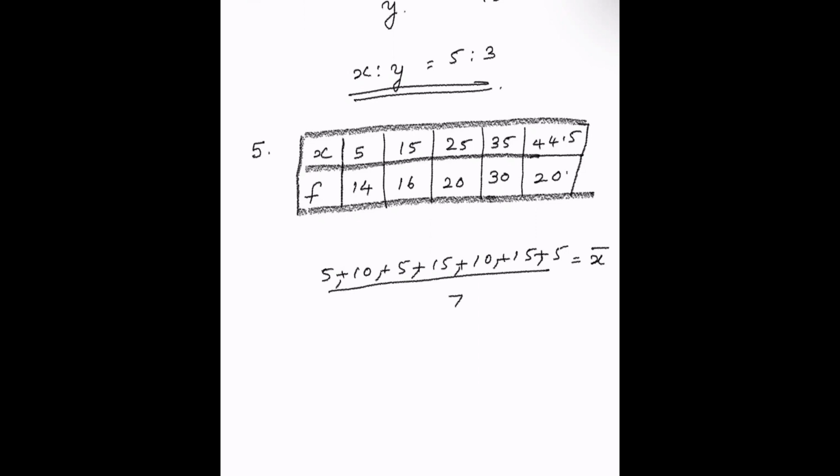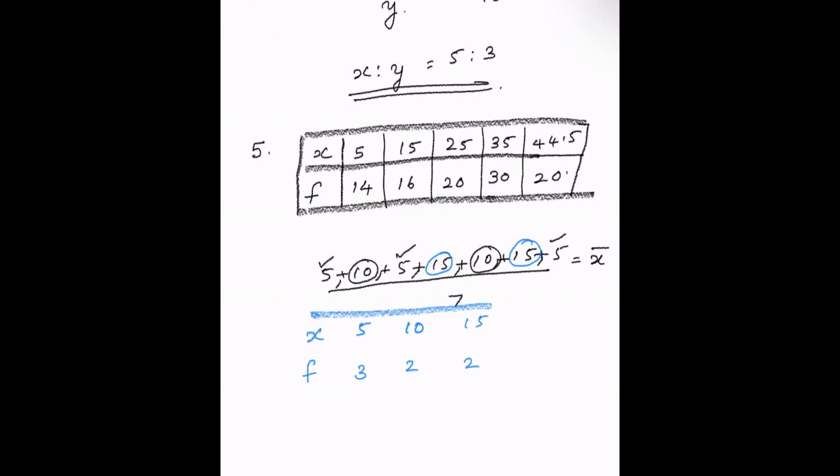So instead of doing that, here what did I do? 5 has been repeated 3 times. 10 was repeated 2 times. 15 was repeated again 2 times. So this is written in a proper, tabular way. If I am representing it in a table, it will be 5 repeated 3 times, 10 repeated 2 times, 15 repeated 2 times.